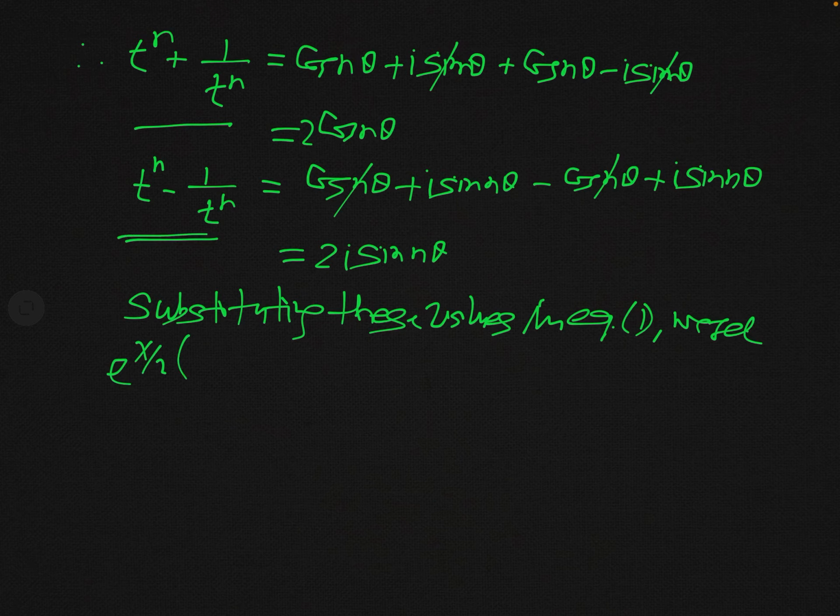So you can see from here t minus 1 over t means we have to take n equal to 1 in this expression.